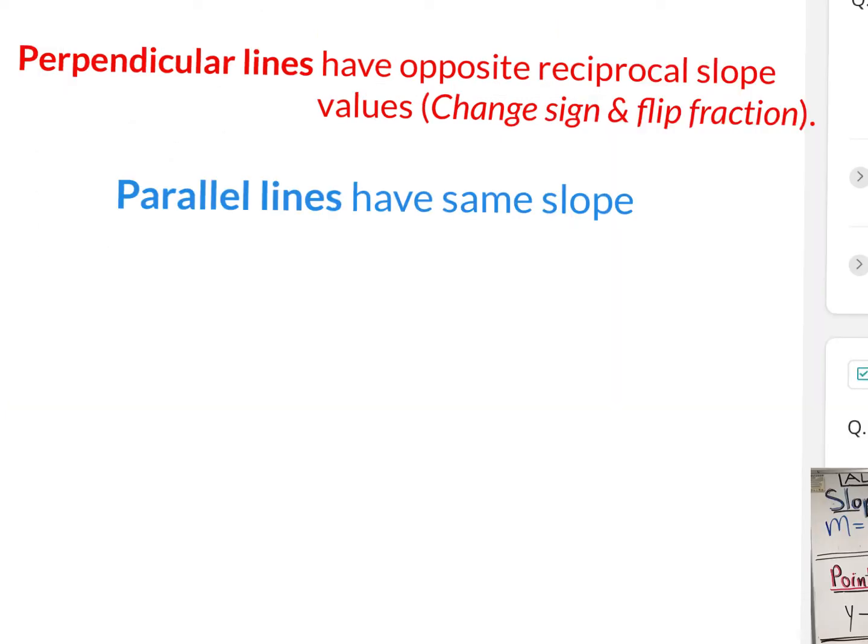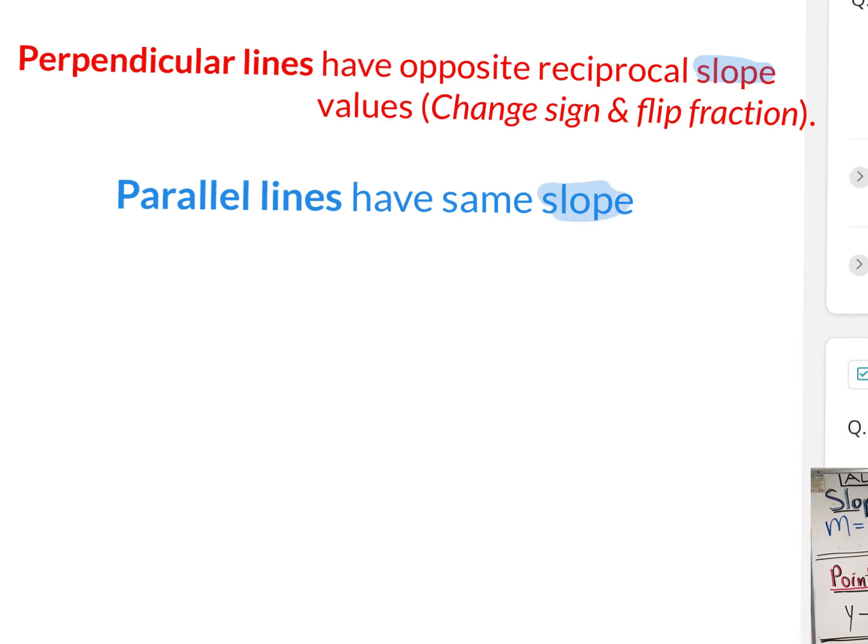Let's move on. For the next couple of questions on this video, we need to know these two facts. We need to know it on the previous question, but right here it says perpendicular lines have opposite reciprocal slope values. You change the sign and you flip the fraction. Parallel lines have the same slope. Now the thing is, in order for you to determine whether lines are parallel or perpendicular, you need to be able to clearly see the slope.